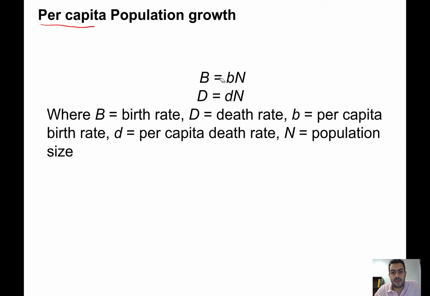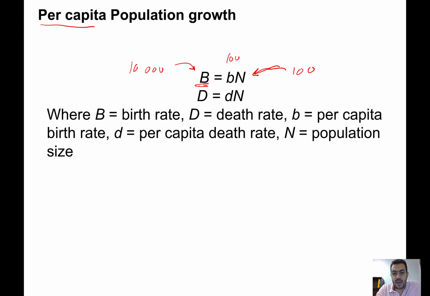So let's say it using our previous example. In the previous example we said the birth rate was 10,000 eggs. How did we calculate that? Let's say we have a population of 100 fishes. Each fish gives 100 eggs. So 100 multiplied by 100 gives us the 10,000.